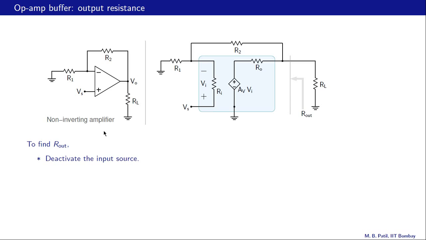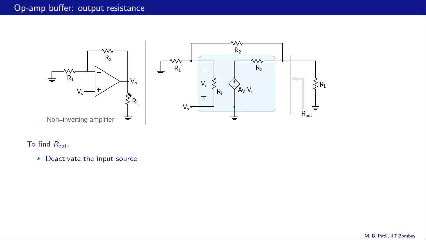Let us now look at the output resistance of the op-amp buffer, and let us start with the non-inverting amplifier, because buffer is a special case of this circuit. What do we mean by the output resistance? What we mean is the resistance as seen by the load resistor here.